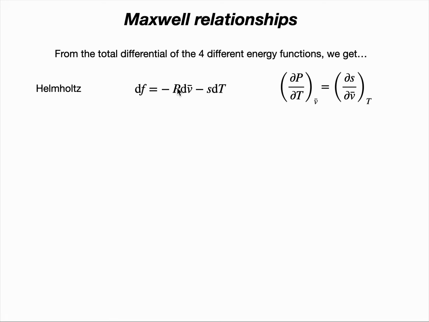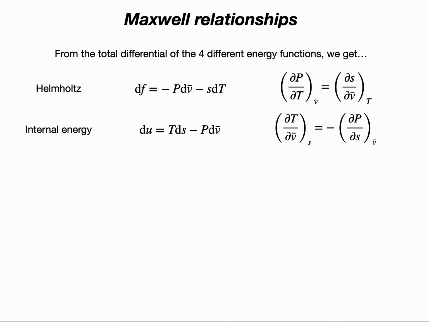We want to vary it with regard to this parameter, and this is done for this being constant. So dp dt at constant v. The second possibility is to build ds dv but at constant t. That's the Maxwell relationship you get from Helmholtz.